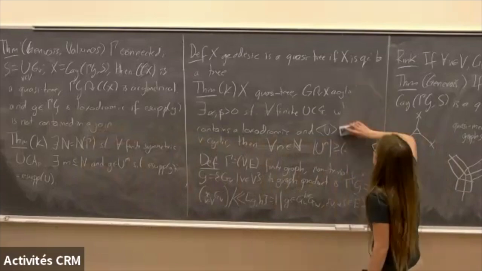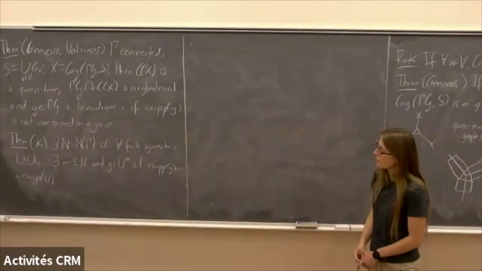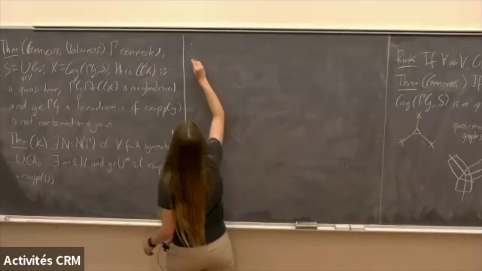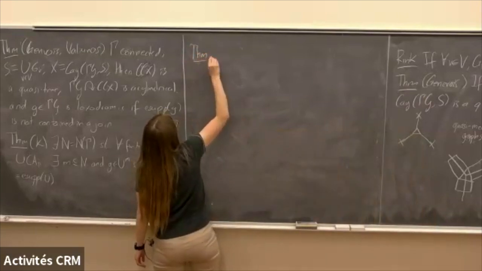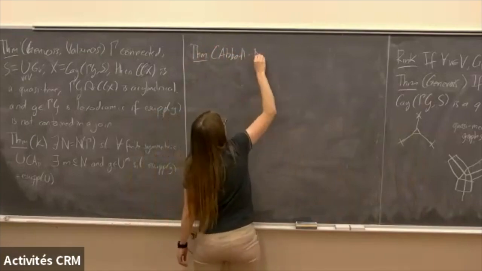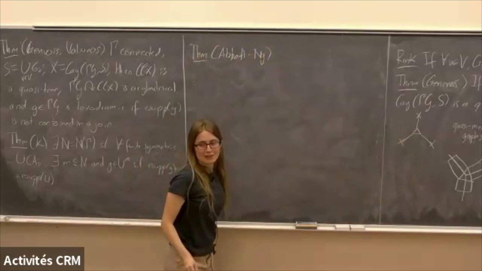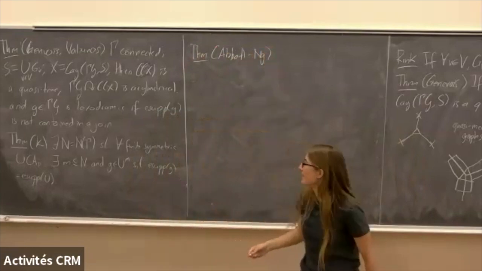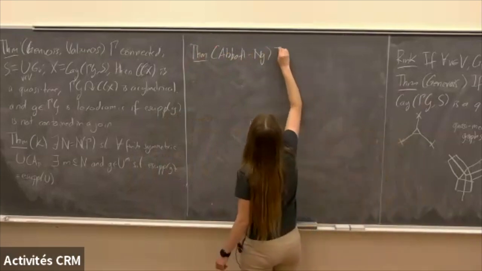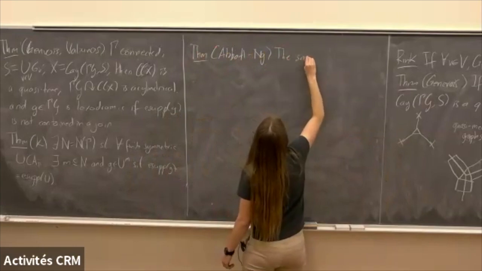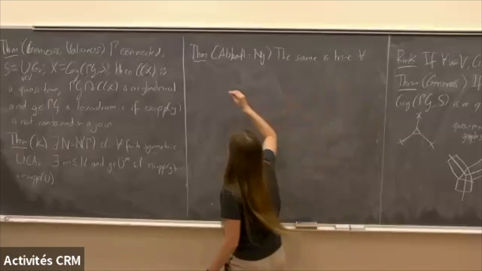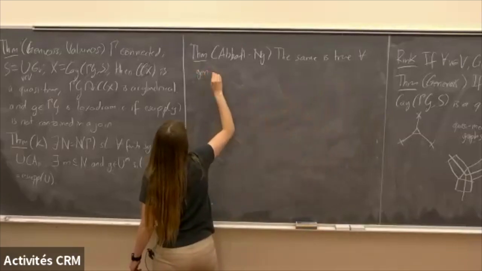So no conjugation allowed. The first result I know of in this direction is a result by Carolyn Abbott and Thomas Ng, which is not on the archive, but I've been given permission to talk about it, which basically says that the same is true for all generating sets of a right-angled Artin group.